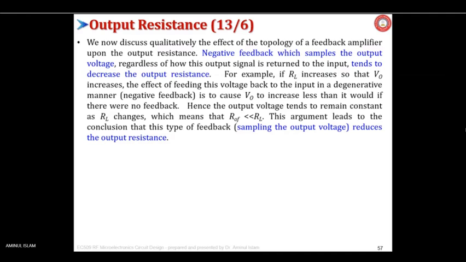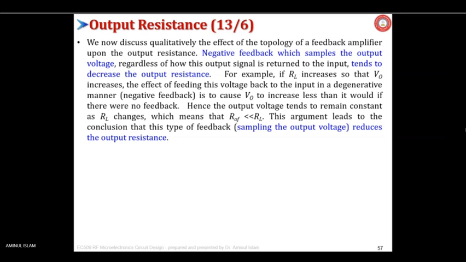You are applying negative feedback, so the output voltage, which was increasing because of the increase of RL, will be affected. Subtraction will occur on the input side, Vs minus Vf, for example, if it is a voltage. So negative feedback will be applied in such a way that Vo will increase less or rather decrease.